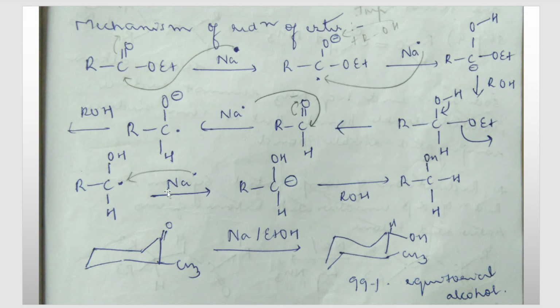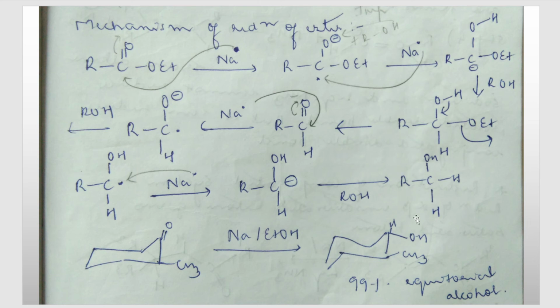Finally, a fourth sodium metal from the solution transfers one more odd electron to carbon, so carbon now has two electrons in total. Carbon gets a minus charge, and once again the protic solvent gives one H plus here, and hence we get one H here. So esters are first converted into aldehydes, and then aldehydes are further reduced to alcohol.